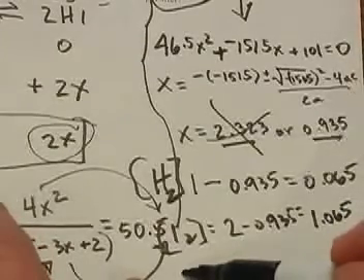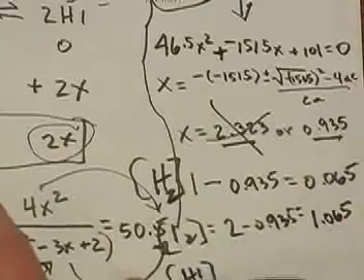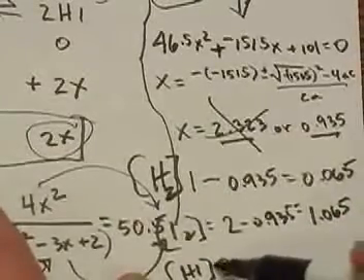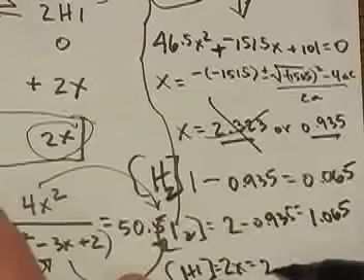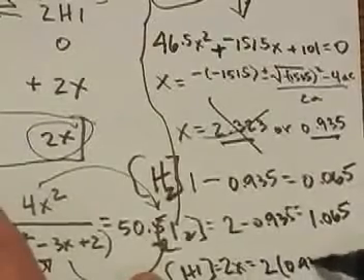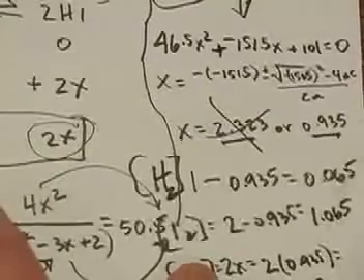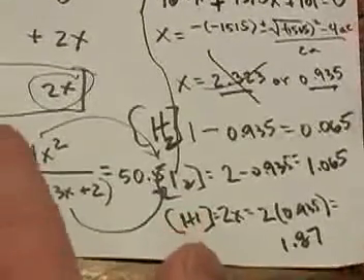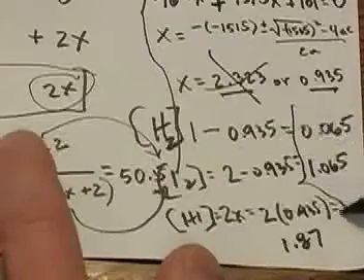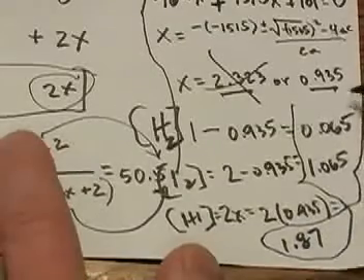And for the HI, you end up with 2 times x, which is 2 times 0.935, which turns out to be 1.87 molar. These, folks, are the answers after all that wonderful math.